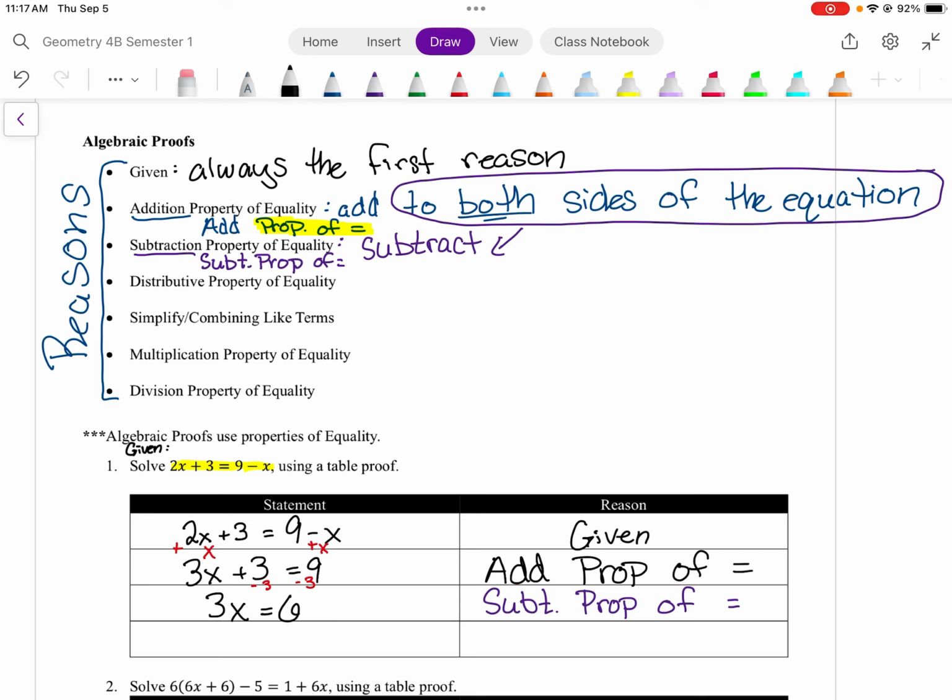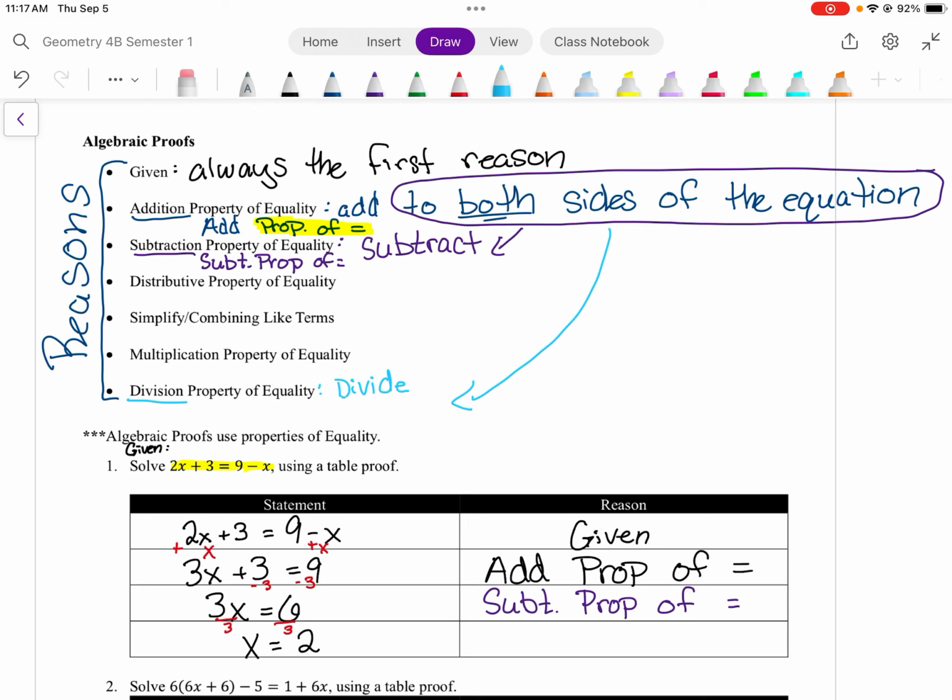Then the last thing I would do on my equation to solve is to get the x by itself, so divide both sides by 3. And our result will be our last statement, where x is equal to 2. Looking at our different reasons at the top, there is one that is called division property of equality. And that one is when you divide both sides of the equation.